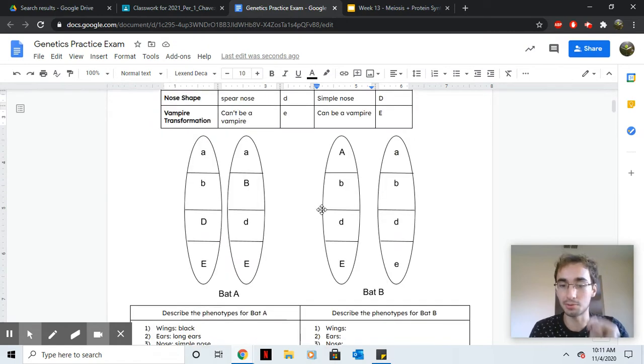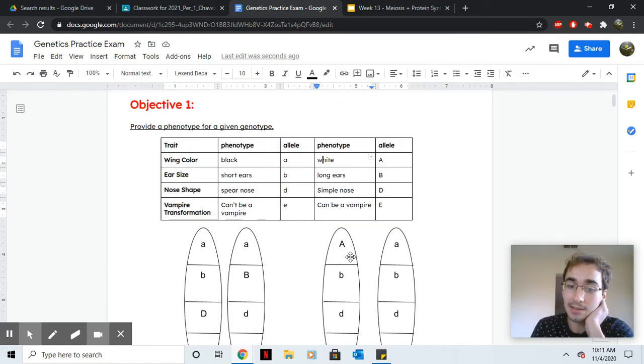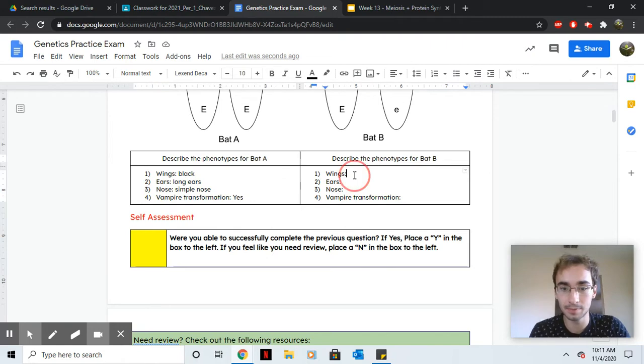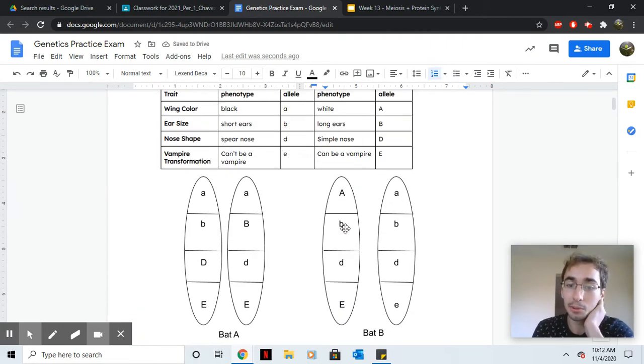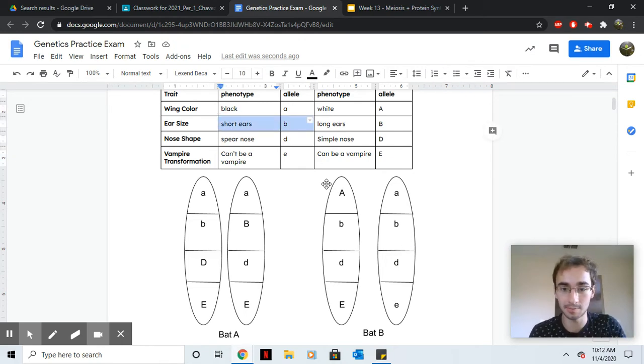Next one, here are the chromosomes for bat B. It does have a capital A, so we'll have the dominant trait for wings. So it has capital A, so we'll have white wings. Ears. It has 2 lowercase b's, so it should have the recessive trait. That'll be short ears.